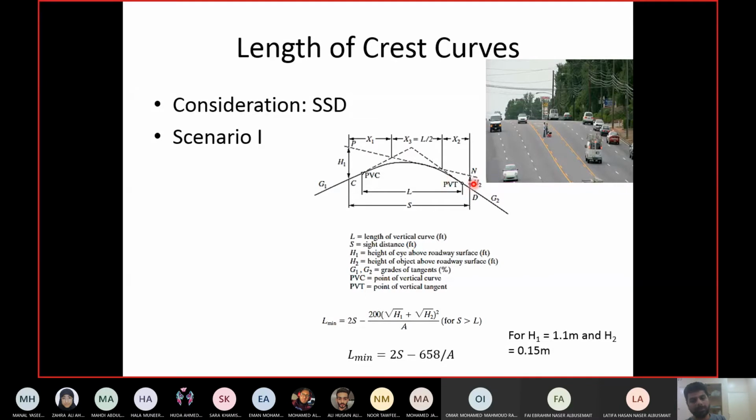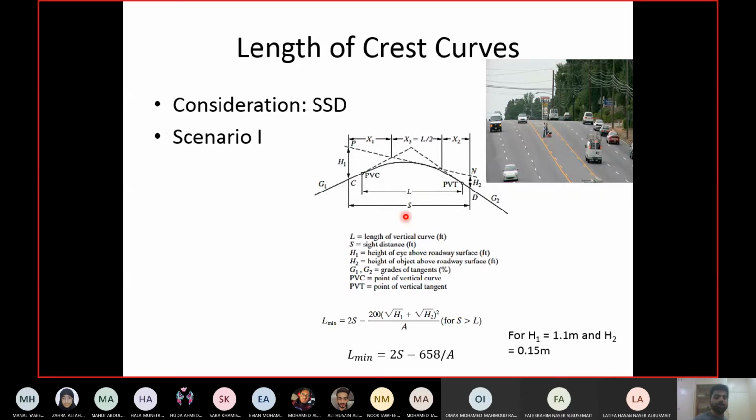If the object is closer than that, then you will not be able to see it. So from point C to point D is your sight distance, which is stopping sight distance. I will take it as stopping sight distance, but we discussed some special cases in chapter 3 as well: passing sight distance, decision sight distance. You can substitute them, but the most common example will be stopping sight distance.